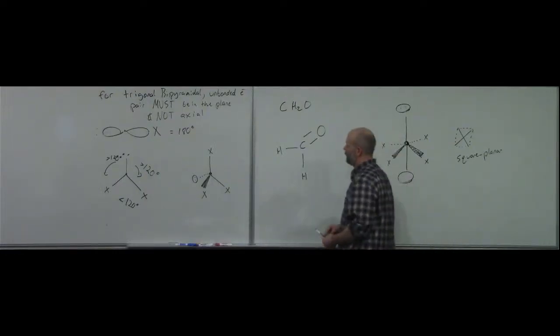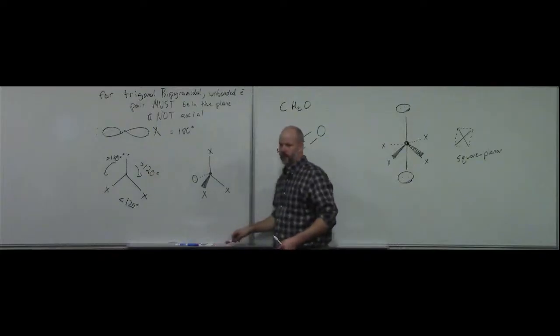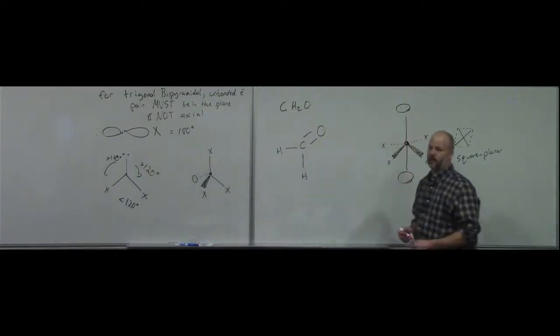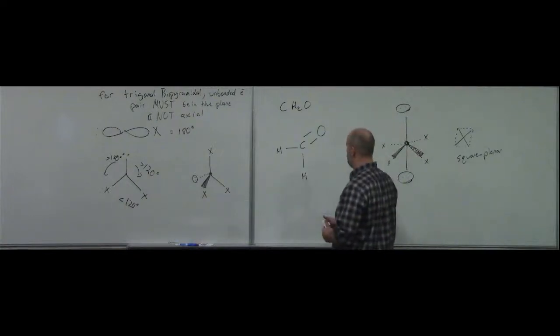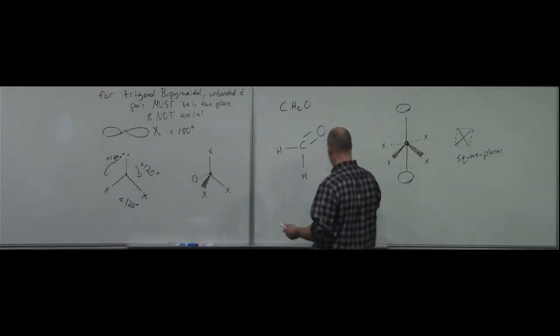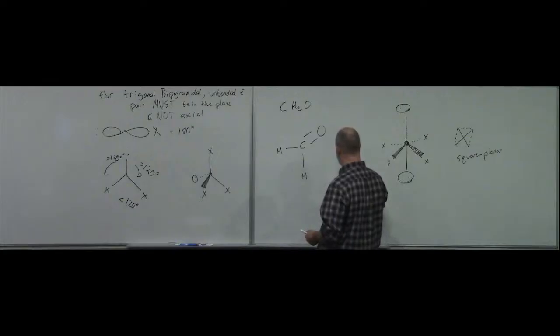I'm going to look at it like this. How many regions of electron density do I have? 3. Okay. So that's going to inform me of what my shape is, right? It's going to be, what's it called? Trigonal planar. That's good.